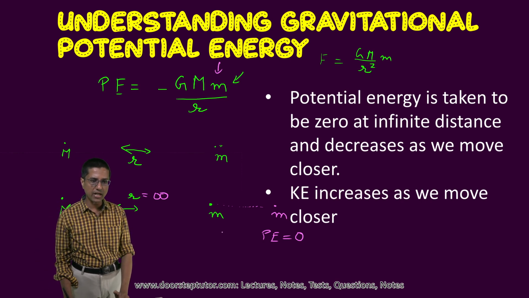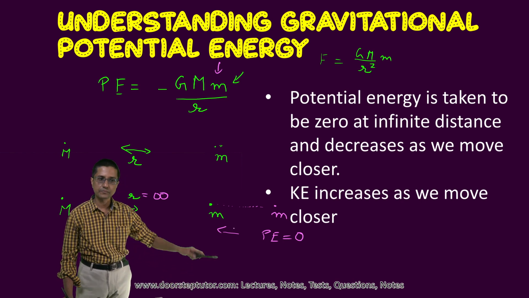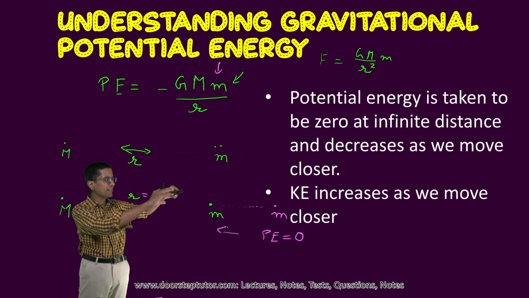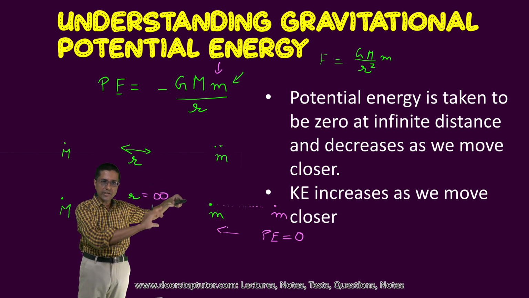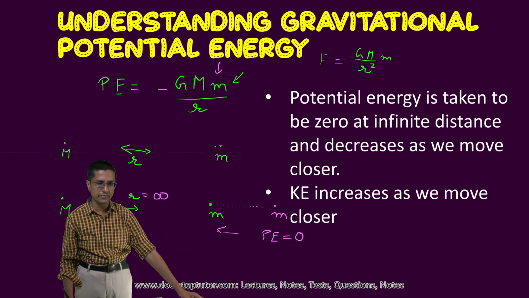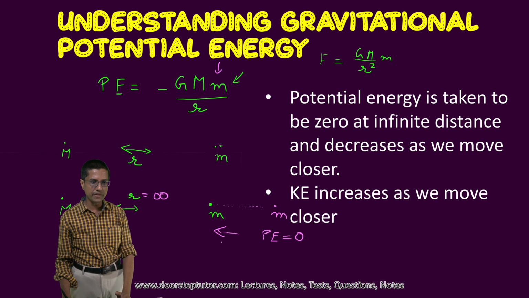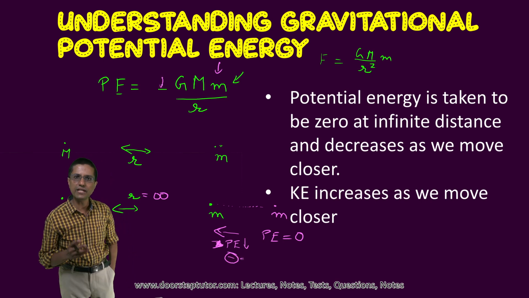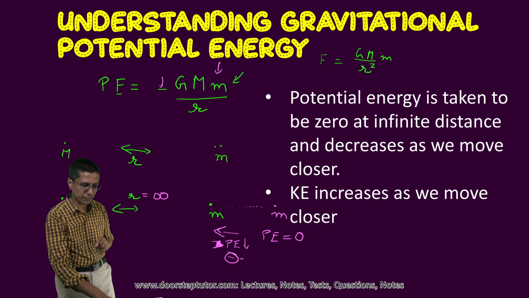As I reduce r, as I come back to earth, the potential energy slowly and gradually gets converted into kinetic energy. So potential energy would actually reduce as I get closer to earth. So the potential energy would actually decrease. So I can say that the potential energy, not delta, that's not the change, but actually decreases. And since it's decreasing from 0, it would become negative. And this is the negative sign that we really see here. So very, very simple, right? This is the reason for the negative sign.